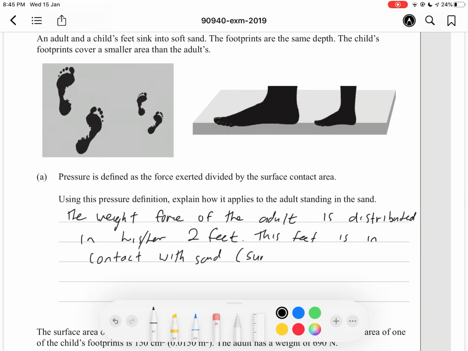So you can say that this is the surface contact area, where the feet are in contact with the sand, which causes footprints.